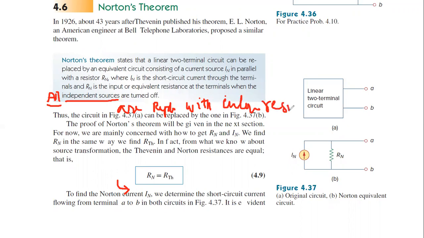What is the internal resistance of a voltage source? 0. What is the internal resistance of a current source? Infinity. These are all ideal cases.